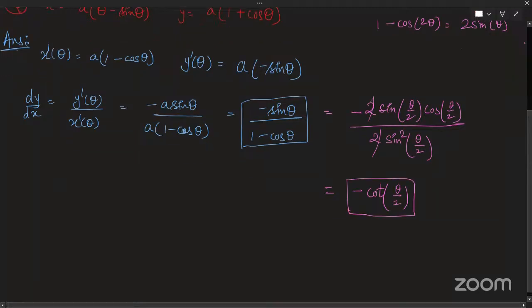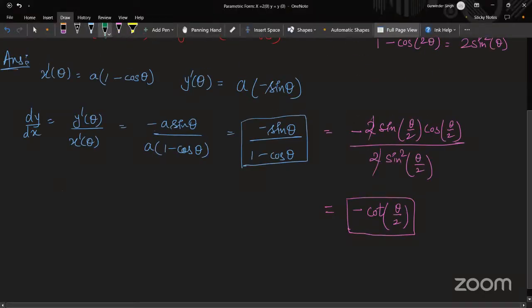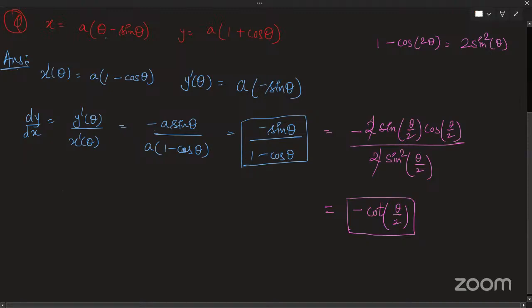Okay, great. So can you just tell me what will happen if I give you a particular value of theta? For example, I tell you that the value of theta is 0, and at theta 0, I am asking you the value of dy by dx. What would you do? You have already found out your dy by dx. In this, you can just directly substitute your value of theta.